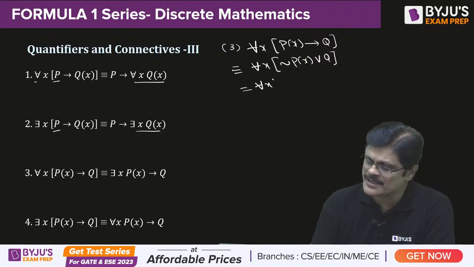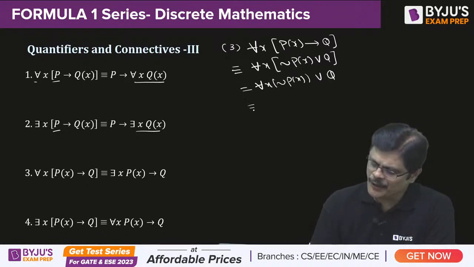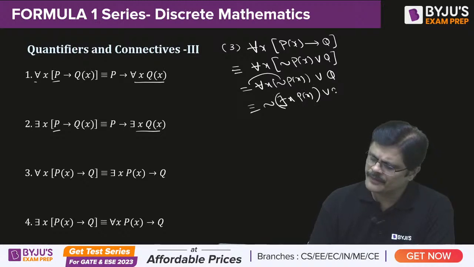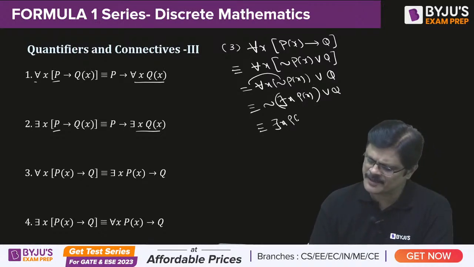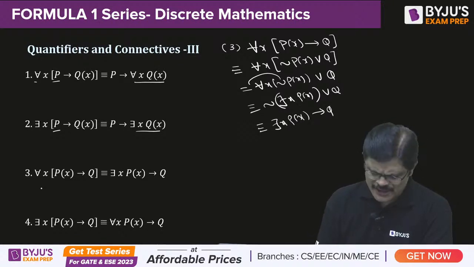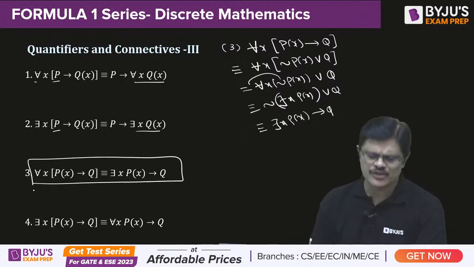That is for all x, negation P(x) or Q. And you can take the negation outside so that it becomes negation there exists x, P(x) or Q. And here you can apply the law of implication, therefore it becomes there exists x, P(x) implies Q. So these are all simple problems, my dear friends. You can easily solve them.